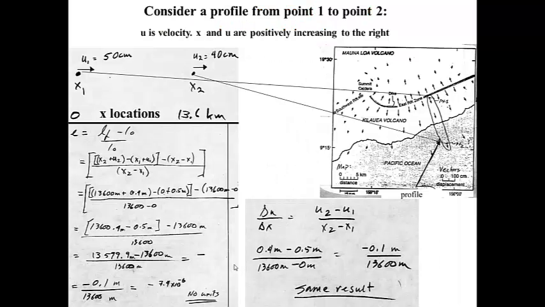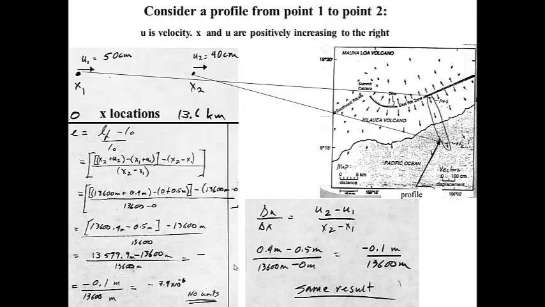So let's take that profile and move it over so we can look at it from the side. Say the x direction is just distance along the profile, and the u notation means the displacement vector. So over this time, due to the inflation of the east rift zone, point number 1 at the x1 location has a displacement vector of 50 centimeters.